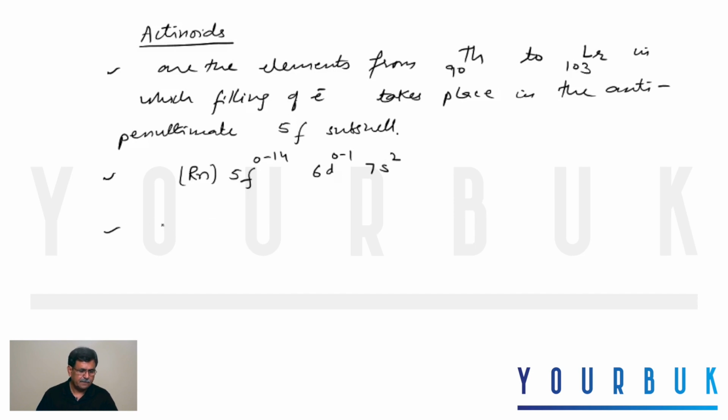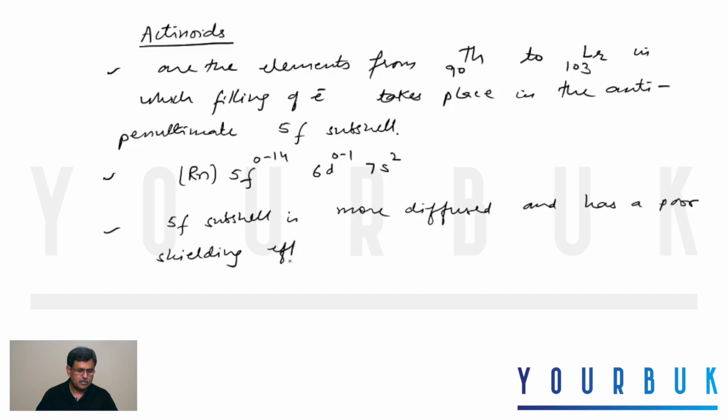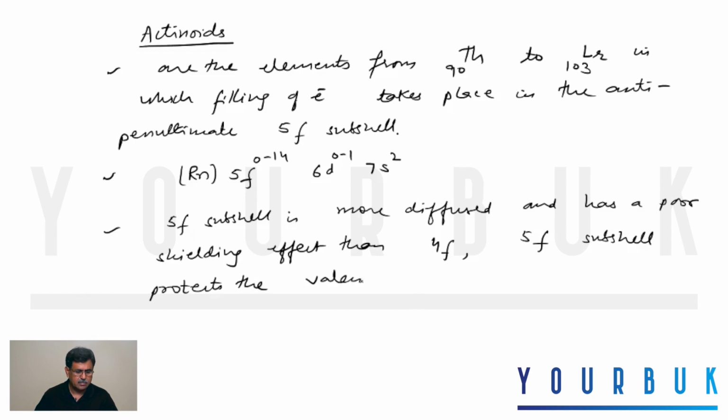Next point, the 5f subshell is more diffuse and has a poorer shielding effect than 4f, so the 5f subshell protects the valence electrons less effectively than 4f.